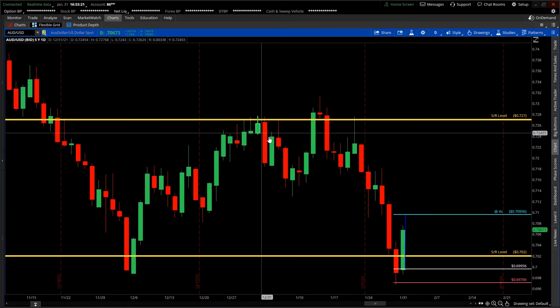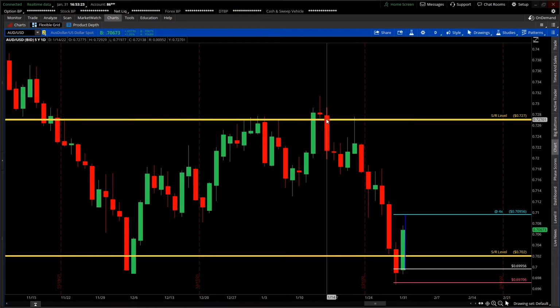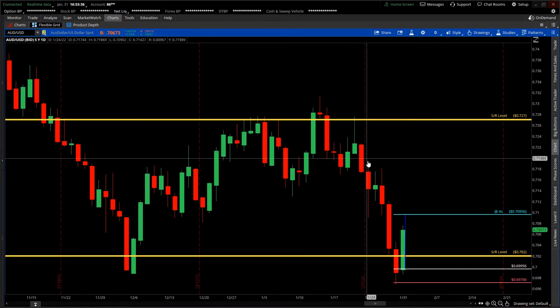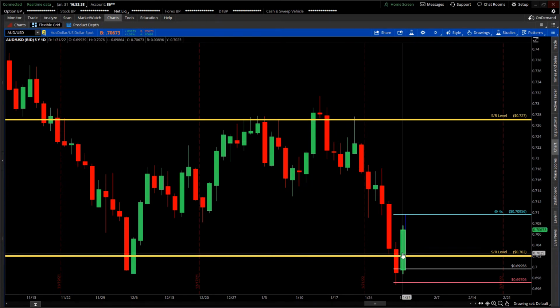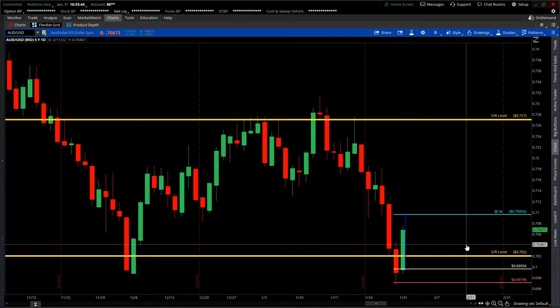So each candlestick is a day's worth of trading, and you can see that price got rejected here back on January 14th, then again on January 20th. The second rejection here, subsequent to that, price came all the way back down here and retested the local support level of 0.702.